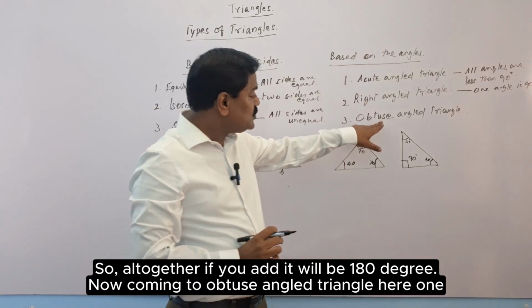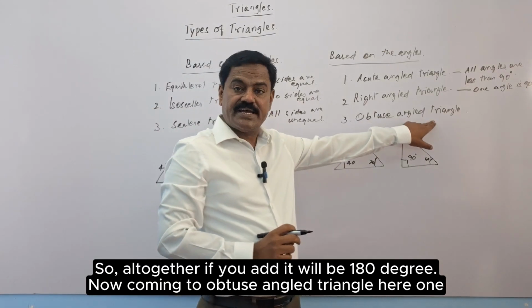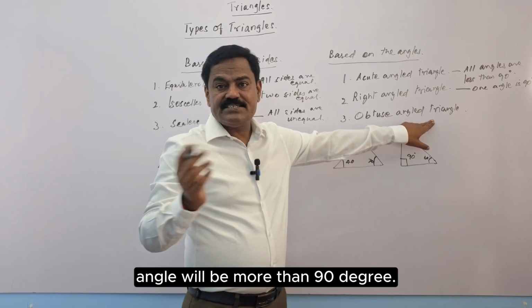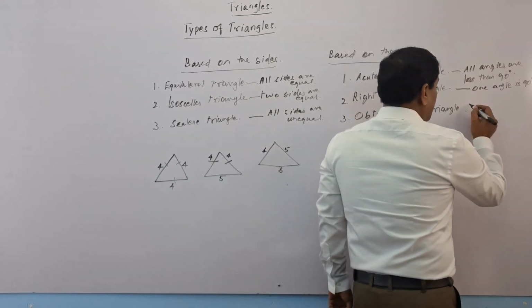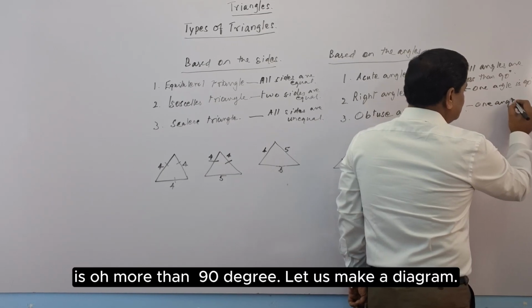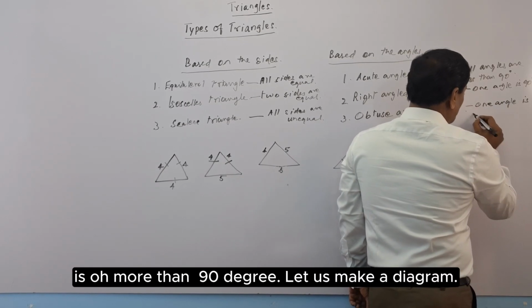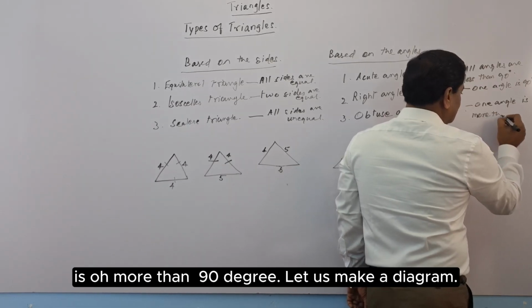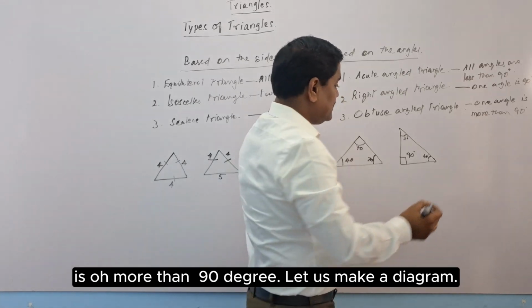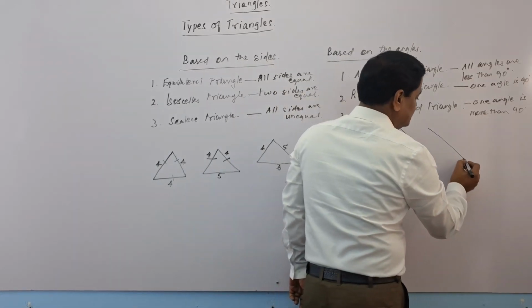Okay, now coming to obtuse angled triangle, here one angle will be more than 90 degree. Let's make a diagram.